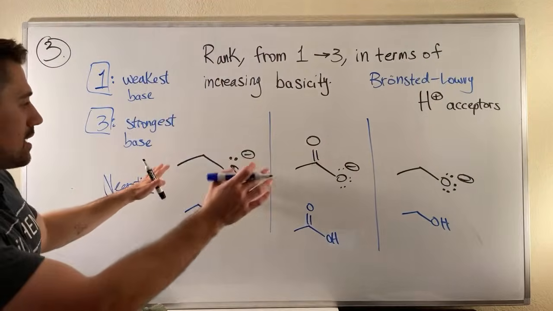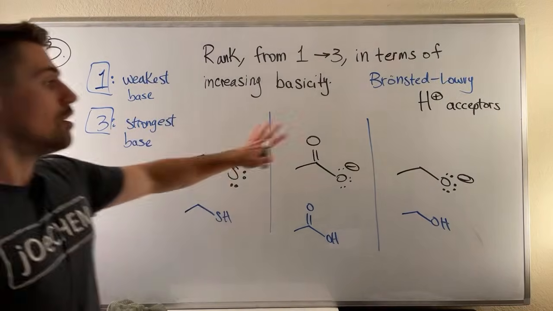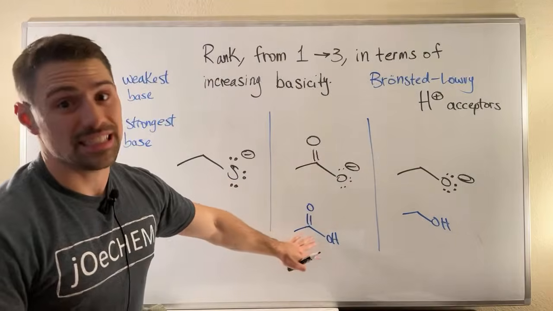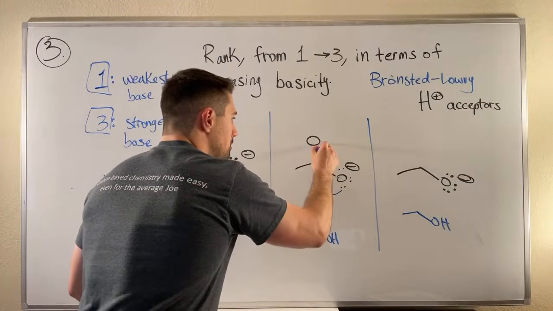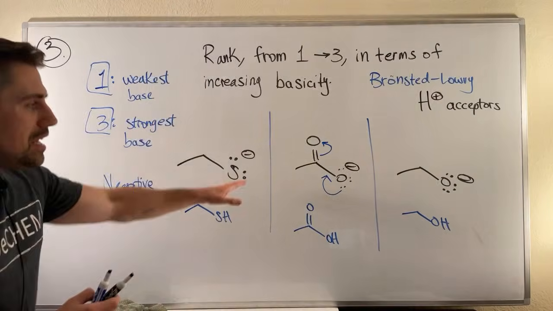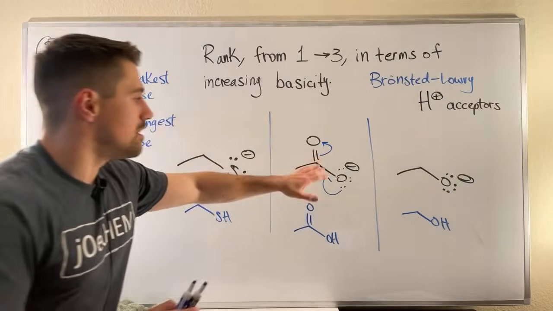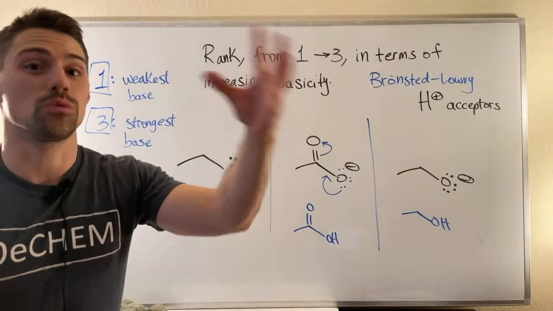If we take a look at these, I don't see any resonance as a possibility here or here, but with the conjugate base of acetic acid, I can do something like this. The minute I see resonance in a base, that signals to me this base is stable. In an acid-base world, stable equals weak.